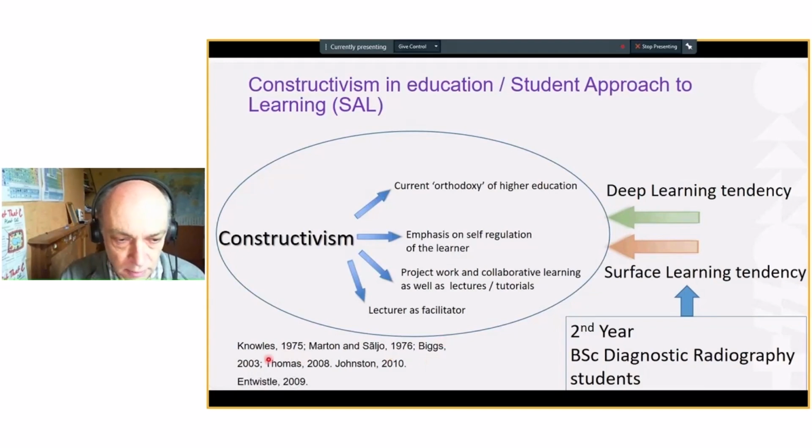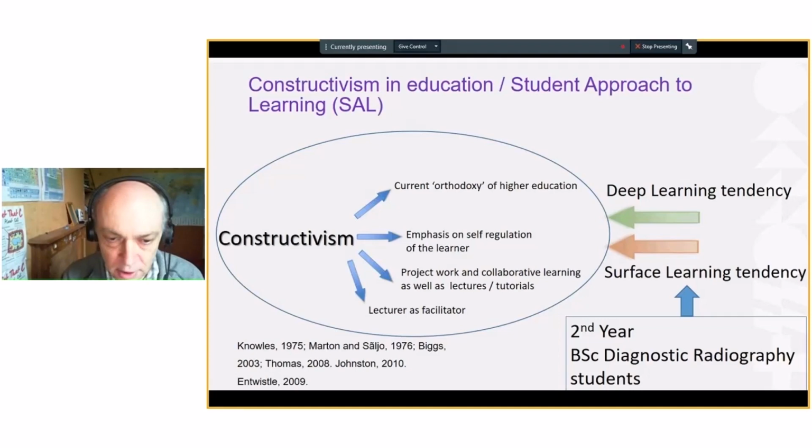Authors like Biggs, Thomas, Biggs particularly is keen on this terminology of surface and deep learning, as are others. Entwistle has been a prolific writer on this student approach to learning, using terms like deep and surface learning. Deep learners look very deeply into the topic area. They research widely.